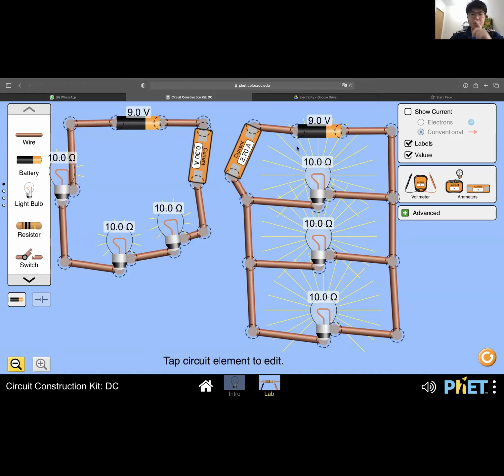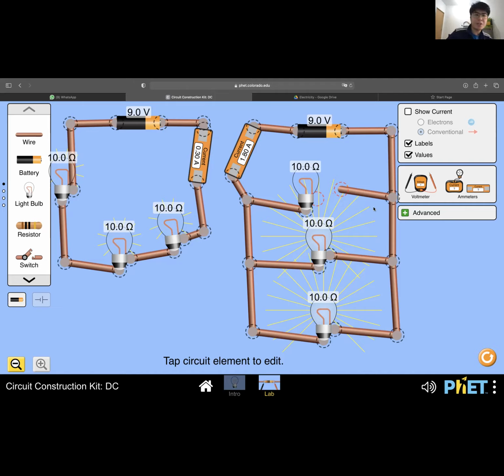The second advantage is when one device is broken or damaged. If I disconnect this, say I cut this, the other two bulbs still light up. That means electric current still flows in the second and third branch. Only this path is broken, so it can still flow in other paths. So that is the second advantage.